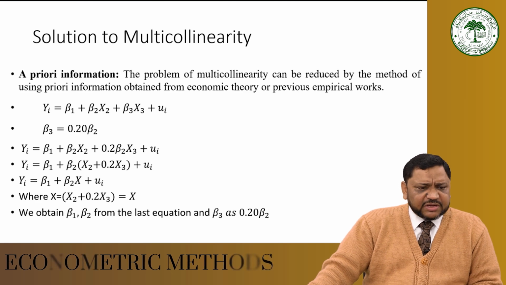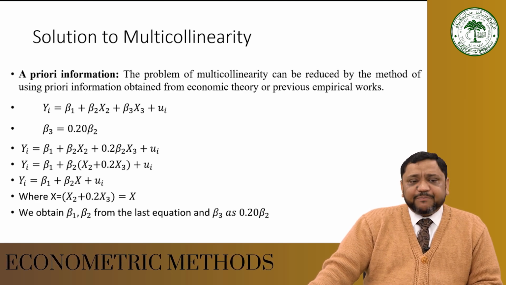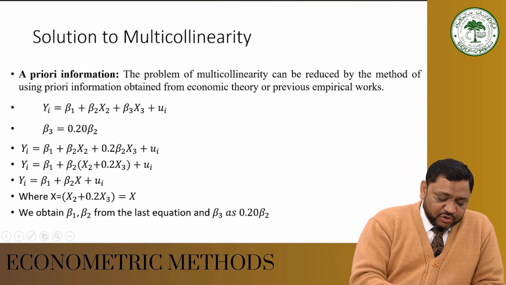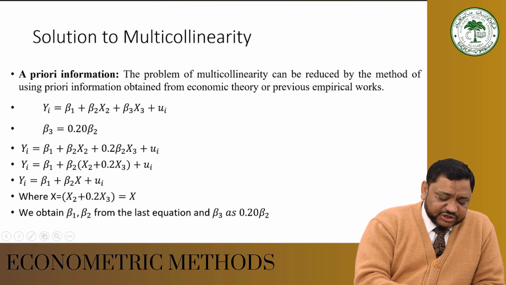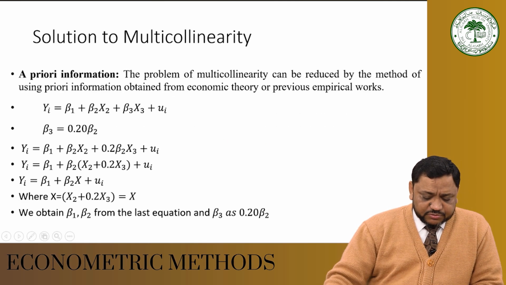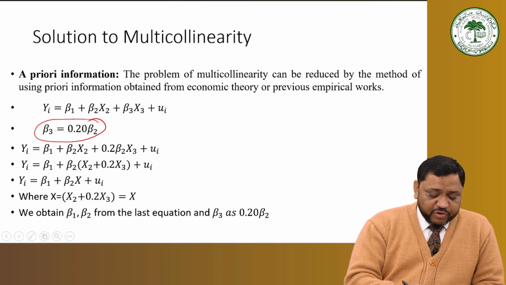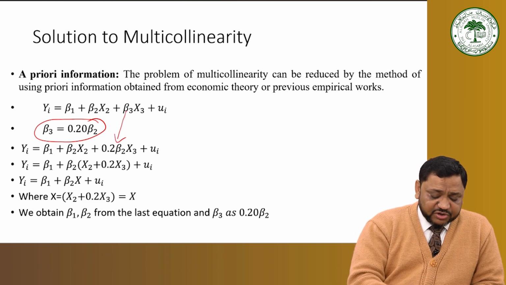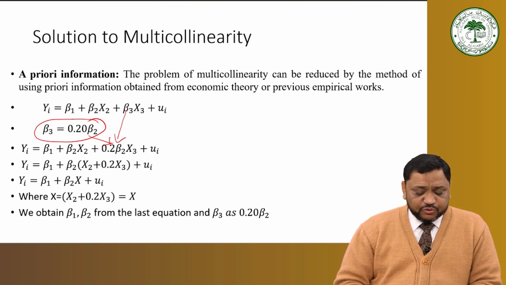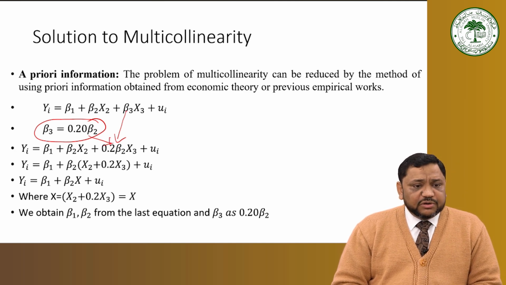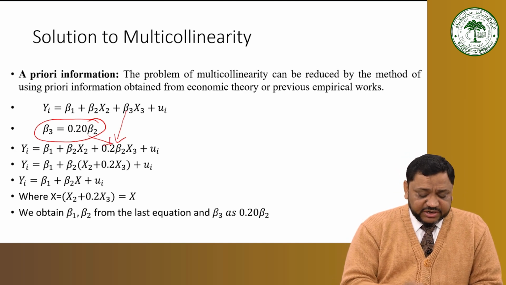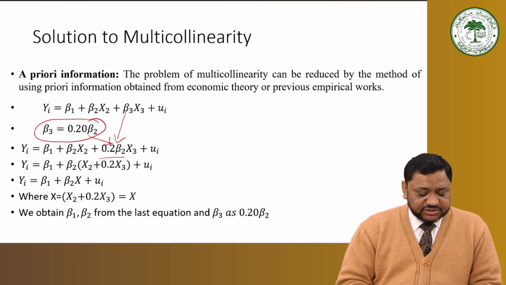If we know that there is a particular relationship between variables, then in this equation, instead of beta 3 we write 0.2 beta 2.